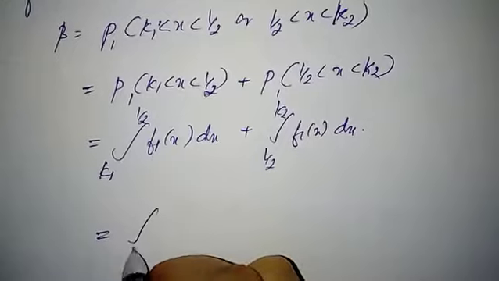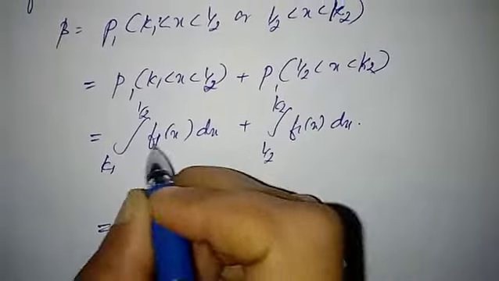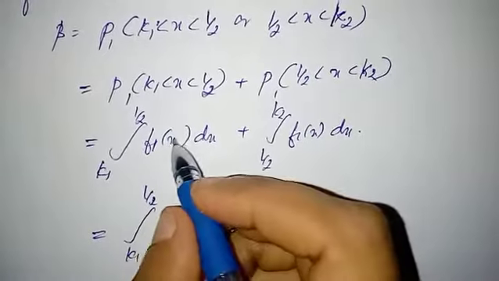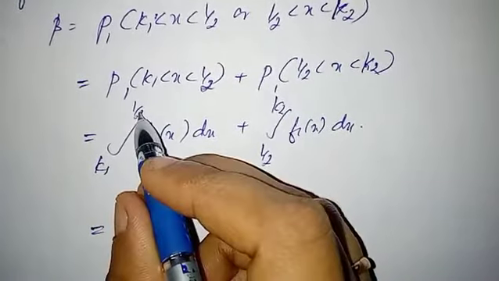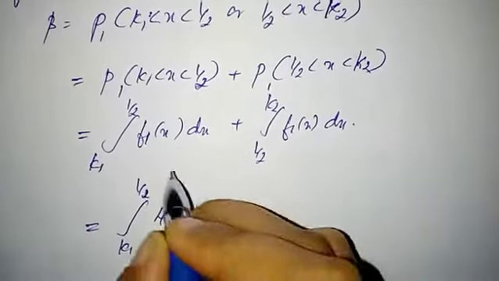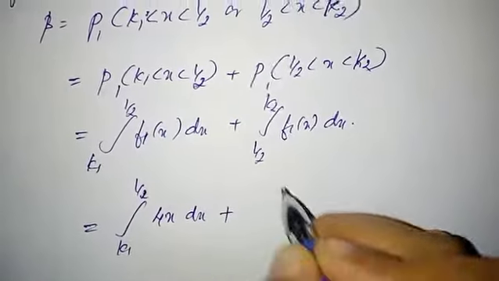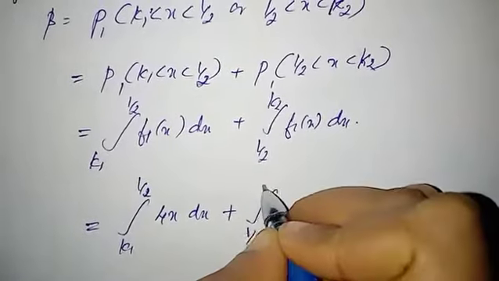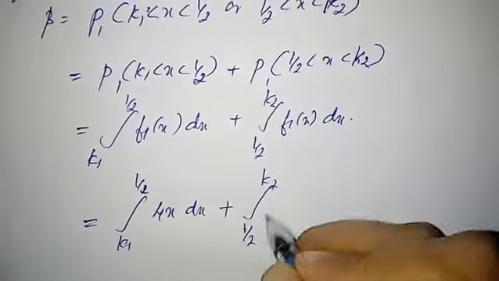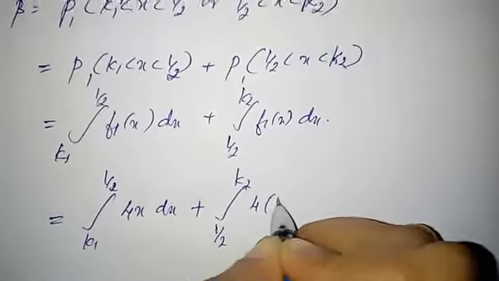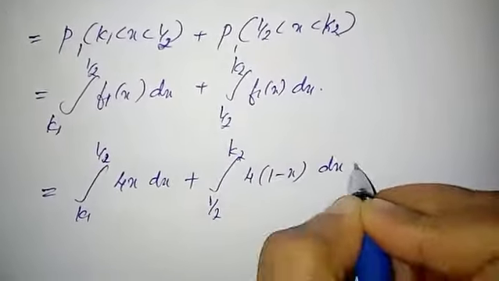What is f1 of x when x takes values from k1 to 1 by 2? It is 4x, right? Under h1 the density is 4x, right? Plus integral over 1 by 2 to k2, the density under h1 is 4(1 minus x) dx, right?